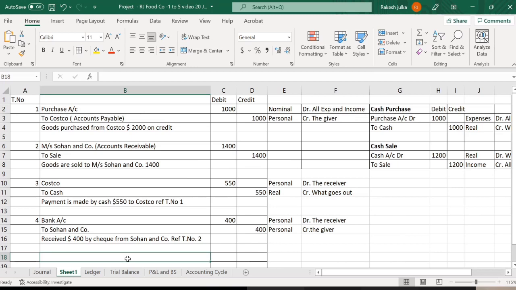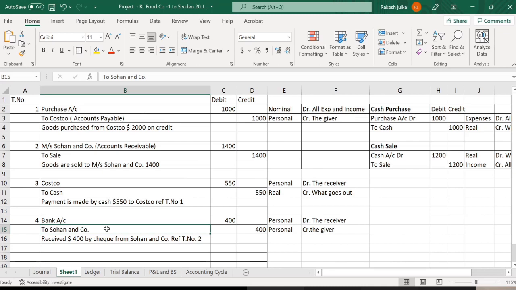One will be accounts payable and the other will be accounts receivable. Now, in this case, if Messrs. Sohan and company is accounts receivable, then definitely that will come under the asset side of the balance sheet, under the heading current assets. Why current assets?